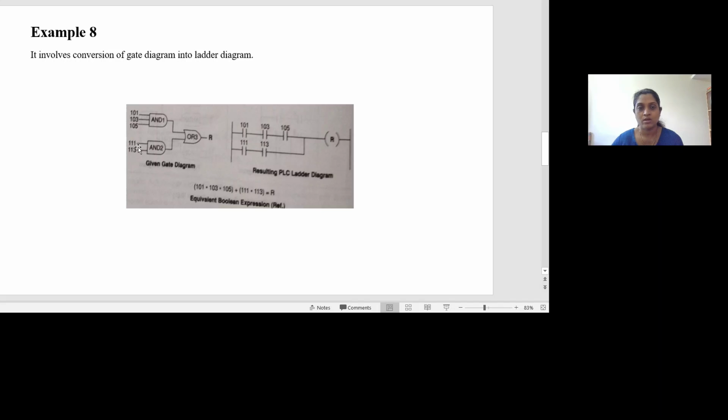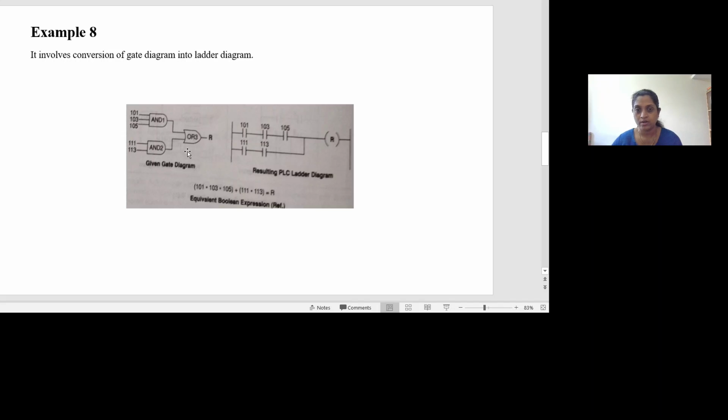Like that, I have one more AND gate. The inputs are 111, 113. Since it is an AND gate, it is replaced by series contacts. So I've taken 111 and 113 contacts. They are in series. Then we have OR gate 3, which has 2 inputs coming from AND operations.